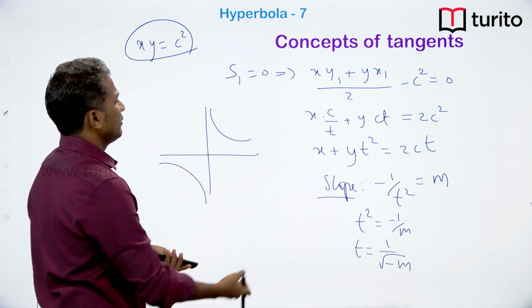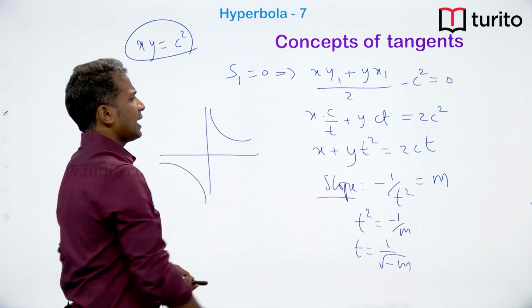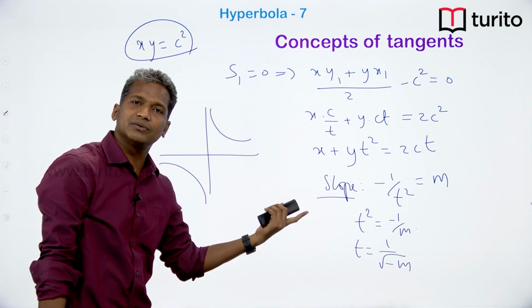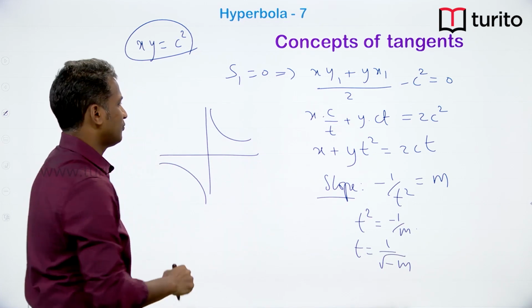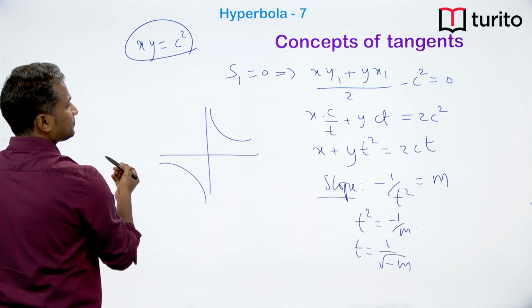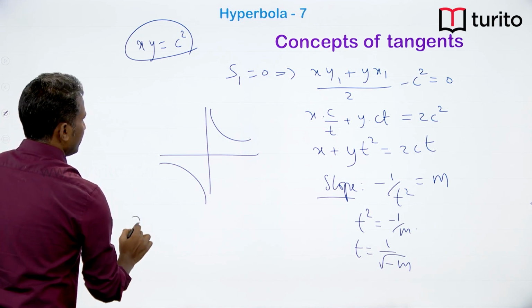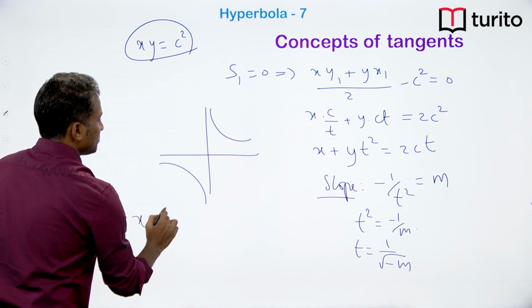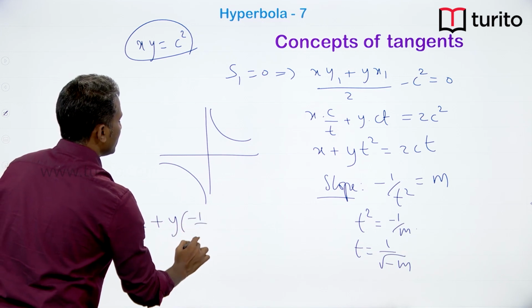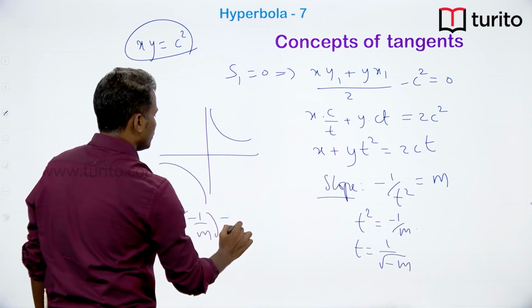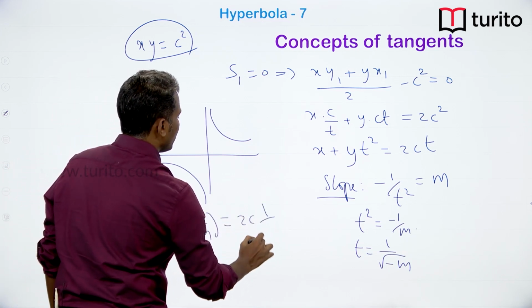If this value is substituted directly, we can get the equation of the tangent in slope form. When we substitute, we get x plus y into minus 1 by m is equal to 2c into 1 by root of minus m.